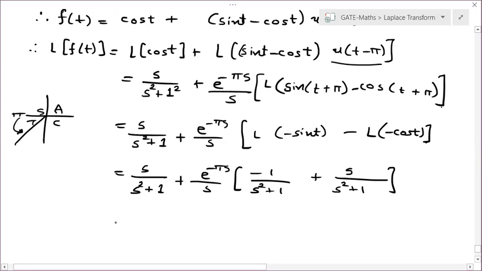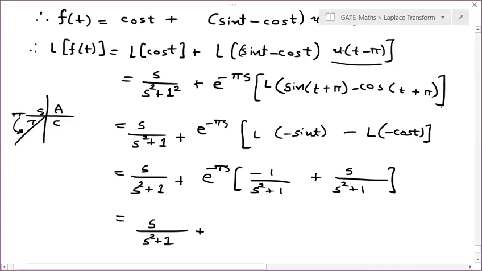Right. So our answer is here s divided by s square plus 1 plus, wait, this is my mistake. It should be only e to the power minus as. E to the power minus as by s is Laplace of u of t minus a.